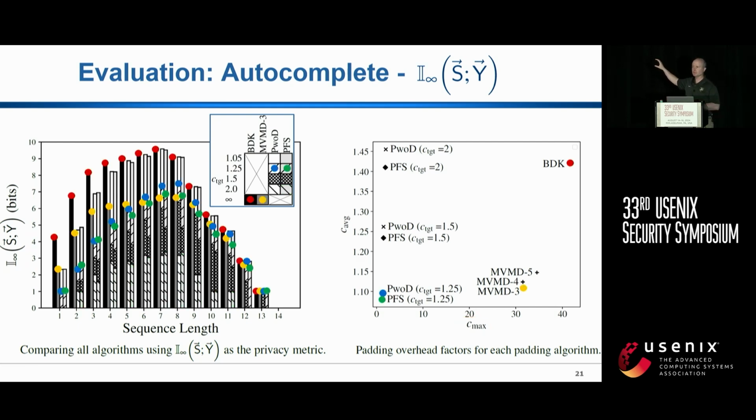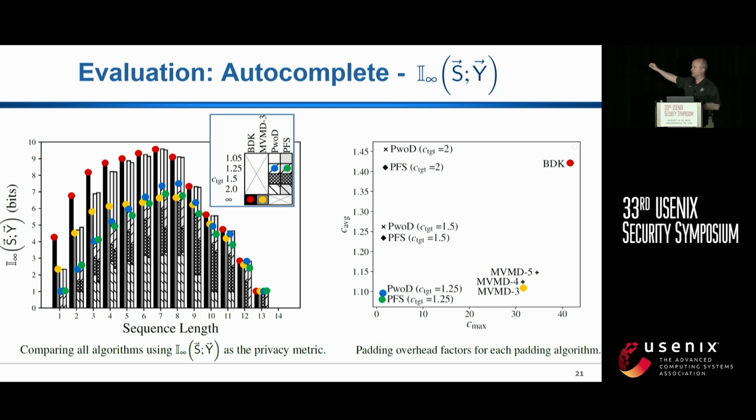So now that I've oriented everyone to the way the chart works, let me freeze on one of the values for C target here, 1.25 specifically, and now highlighted at the top of each one of those bars where the resultant value lies. So now we see here that PFS in green is clearly beating one of our competitors, BDK, across all the sequence lengths. It beats quite handily NVMD for most of the lower sequence lengths.